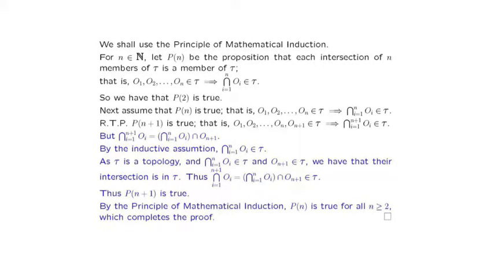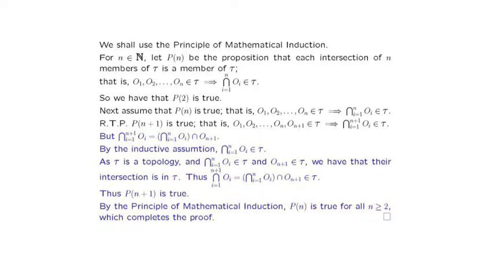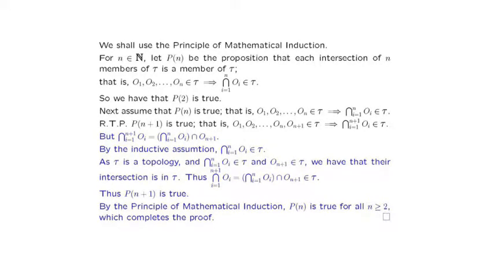Thus we have Pn+1 is true. So we have shown if we assume Pn is true, then Pn+1 is true. By the principle of mathematical induction, then Pn is true for all n greater than or equal to 2, which completes the proof.